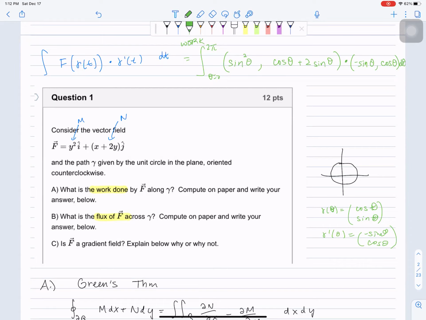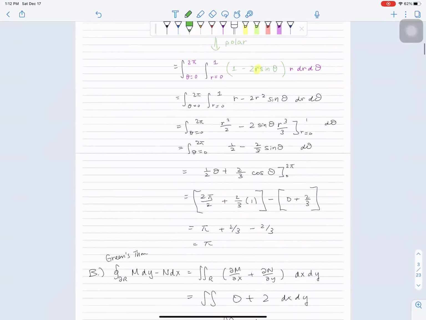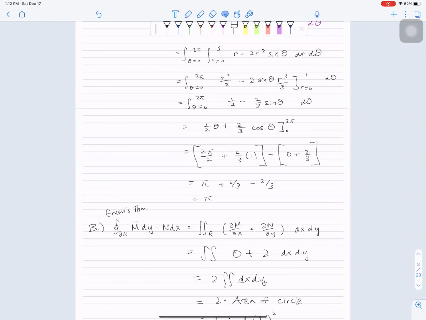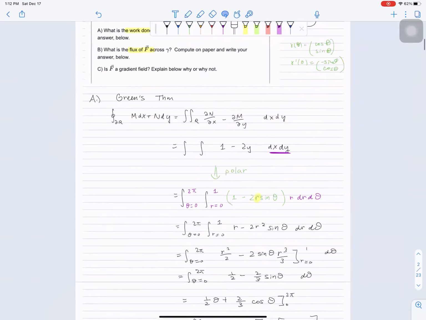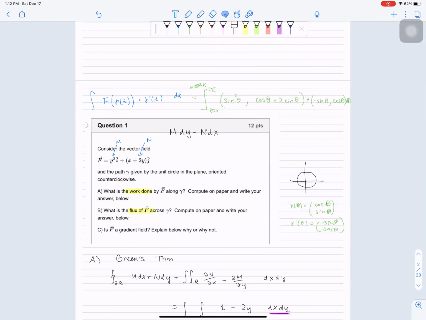And for flux, the only thing that changes is we have a different formula. So flux is m dy minus n dx. So when I'm doing the path integral for flux, I would still have my function with my parameterization plugged in, nothing changes. But what I dot product it by, this first thing should be the derivative of y, the y component.